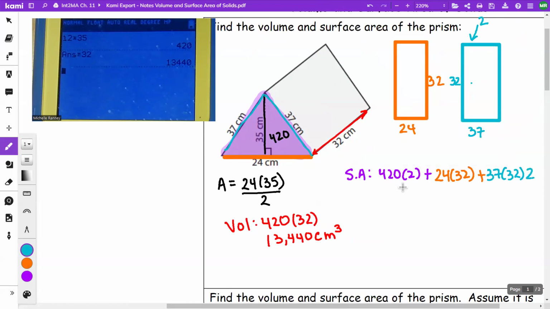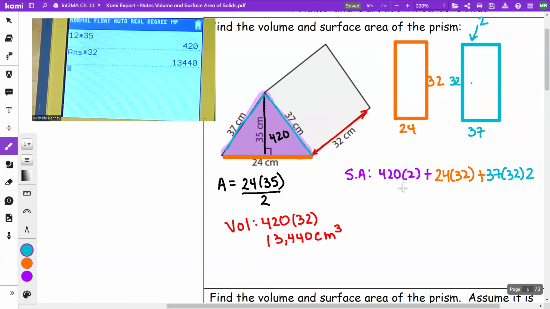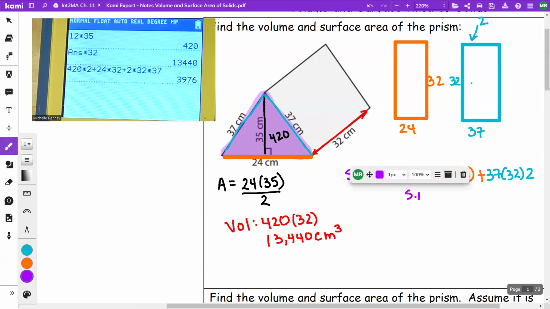So I'm going to take 420 times 2 plus 24 times 32 plus 2 times my 32 times 37, and I get my surface area to be 3,976 centimeters squared.